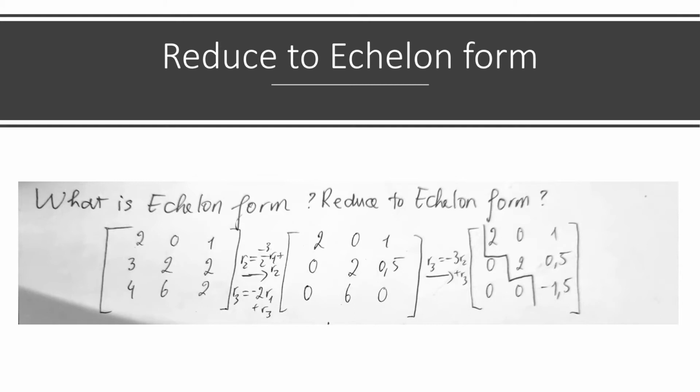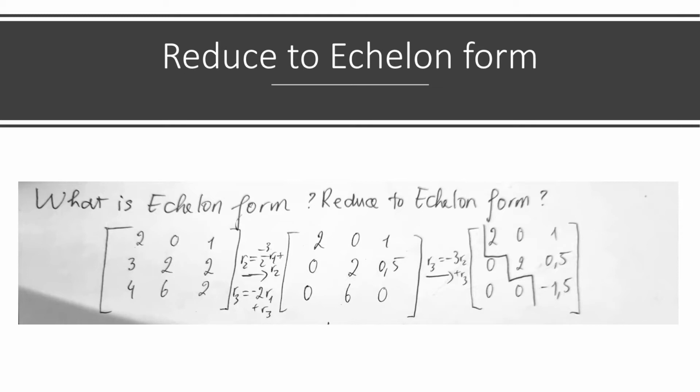So what is reducing to echelon form? Reducing to echelon form means that we reduce the normal matrix to the echelon form. As you see, from left to right, we first reduce row 2: we let row 1 times minus 3 over 2 plus row 2, and we have the new row 2.